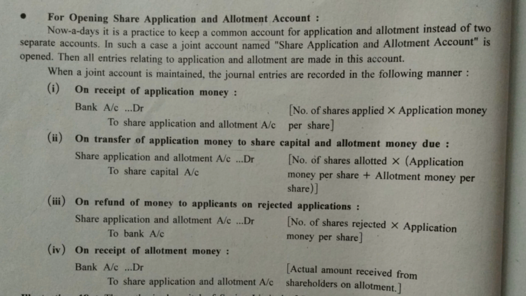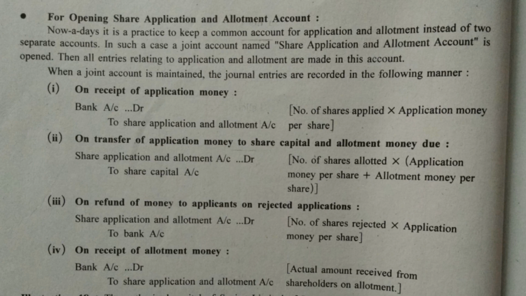Application is also debited and allotment is also debited, so we have debited them together, which makes it share application and allotment account debit to share capital account. Share capital is credited in both the cases, so we have credited it just once with the amount of both. See, you have the explanation about the amount here: number of shares allotted into application money per share plus allotment money per share.